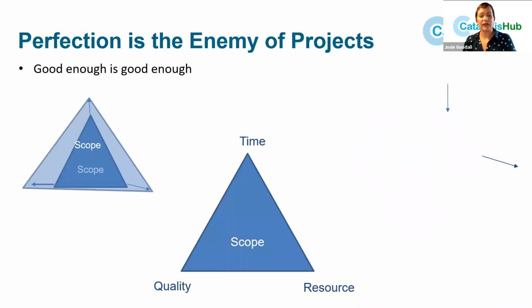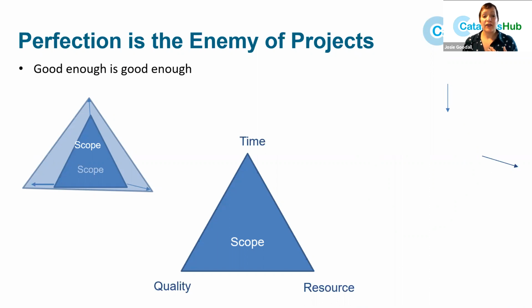I'd just like to raise this point that we said that projects have a defined scope. And when you set the scope, you define what you're going to do and what you're not going to do. You define the quality to which you're going to do it and how much time and resource you need to do that.